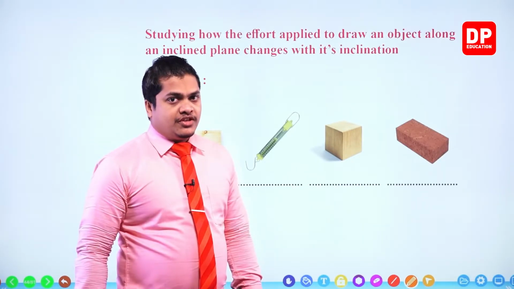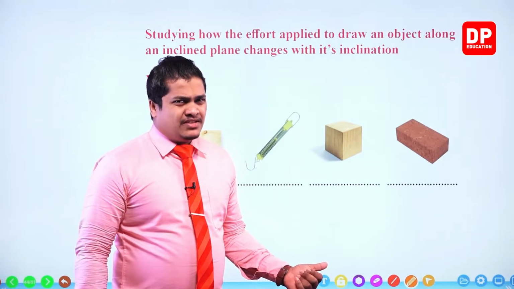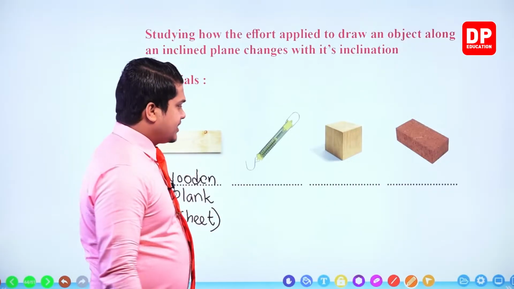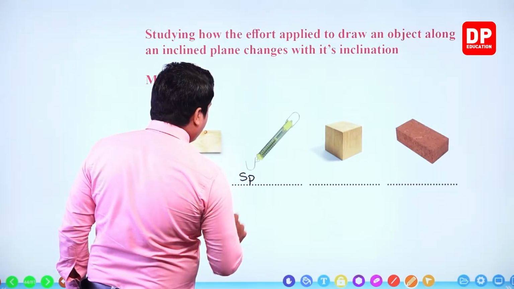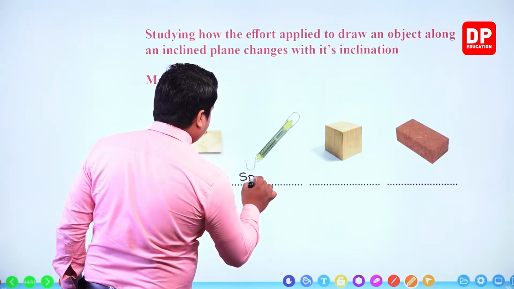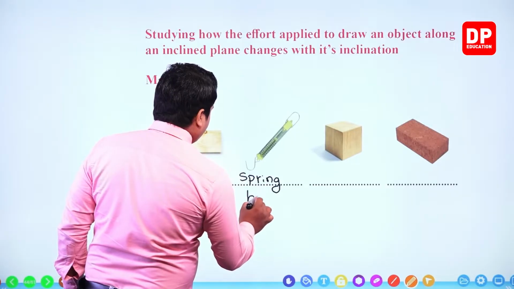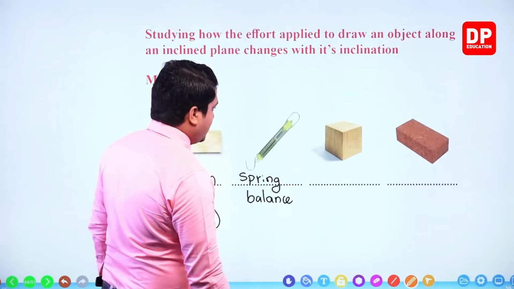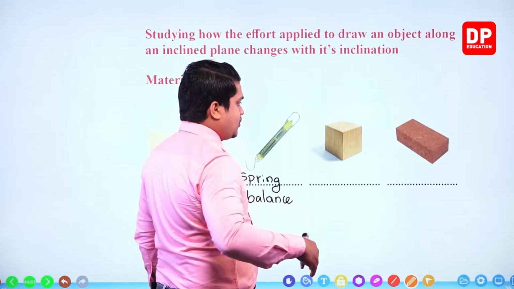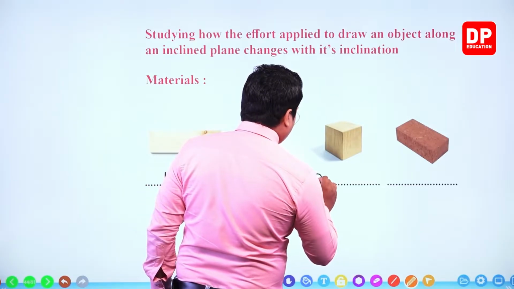If you don't have a wooden sheet, my dear children, then you can get a plastic one or a metal piece, no matter. Then we'll need a spring balance to measure the weight of a certain object. Spring balance. Then, my dear children, to hold it, we'll need another wooden log.